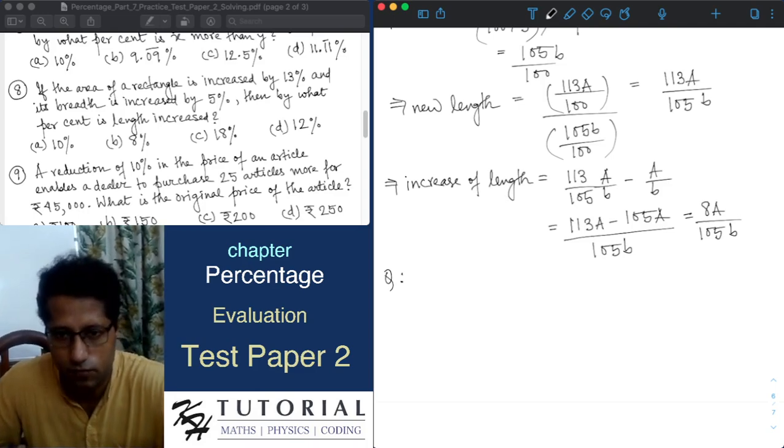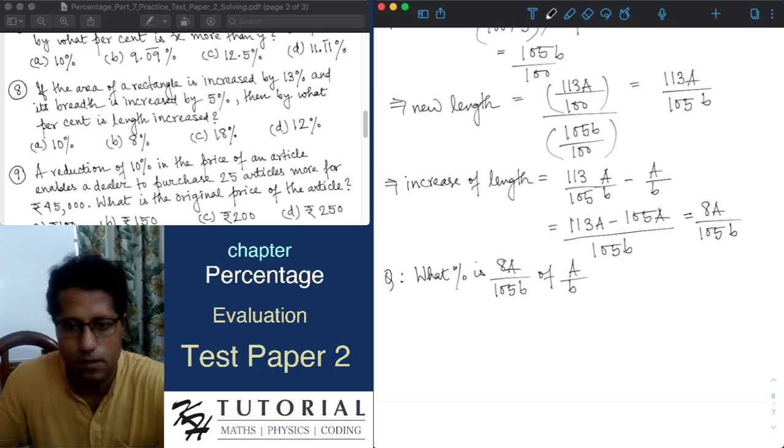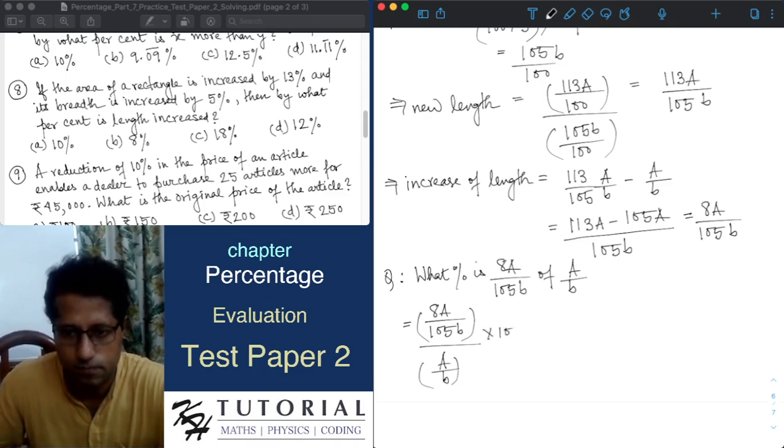So we have to ask what percent the increase in length, which is 8A by 105B, is of the previous length, which was A by B. This equals 8A by 105B divided by A by B into 100.